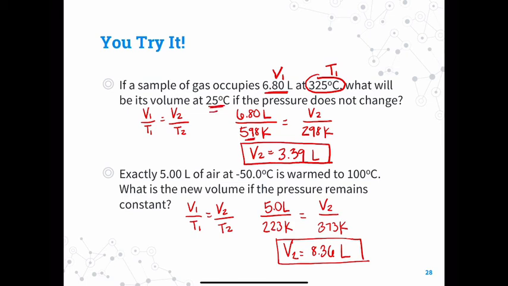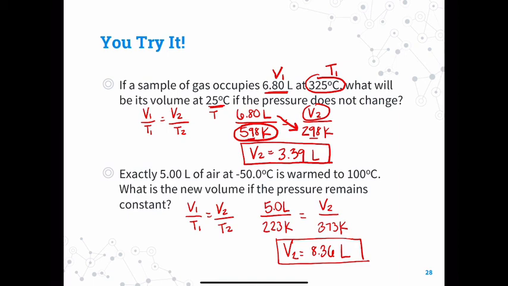This was our temperature 2, which was 298 Kelvin, and we solved for our volume 2. So we cross-multiplied 298 times 6.8 and then divided by 598, which should have given you 3.39 liters.